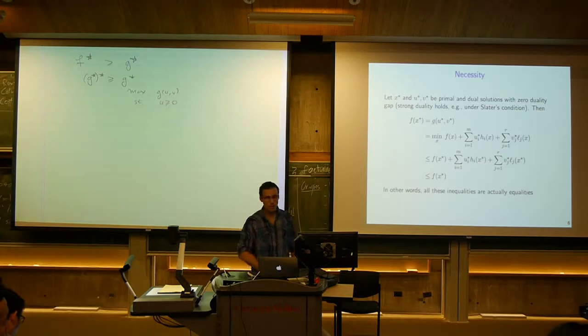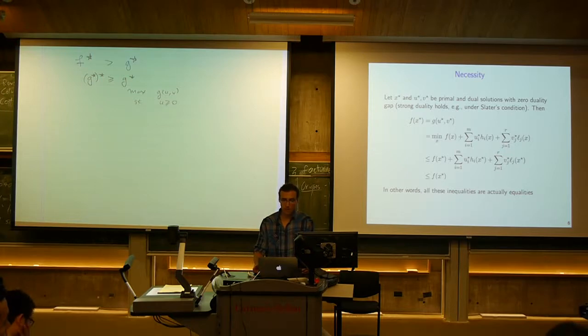So let's cover necessity first. This is the direction that says that if I have primal and dual solutions, then this actually implies the KKT conditions. So any x star, u star, v star that are optimal must satisfy the KKT conditions. However, we're making one relatively important addendum, which is that we're looking at primal and dual solutions that have 0 duality gap.